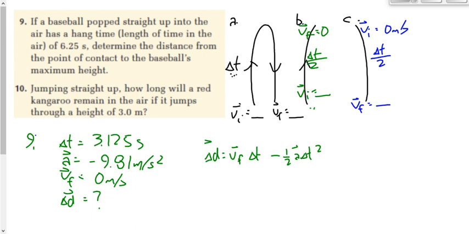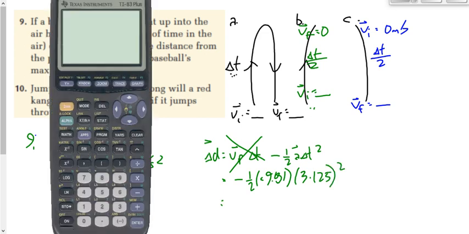VF is 0, so 0 times time is 0, minus 1/2 of negative 9.81 times my time of 3.125 squared. Let's pull out the calculator. Should be negative 0.5 times negative 9.81 times 3.125 squared, which gives me 47.9.